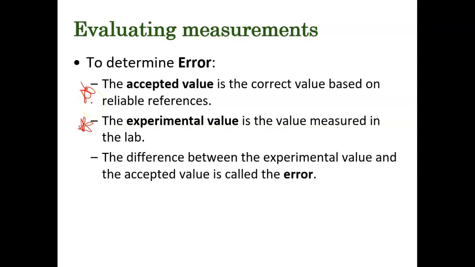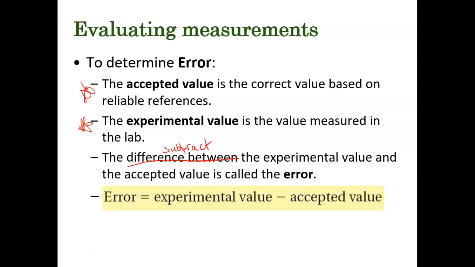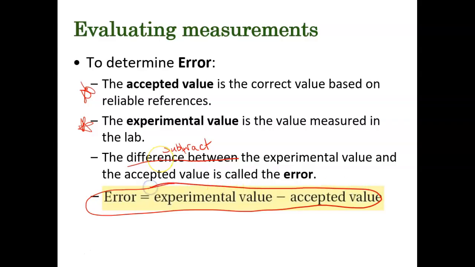The difference between them, and if you don't know, the word difference means to subtract. The difference between the experimental value and the acceptable value is called the error. I want you to definitely write this formula down: error equals experimental value minus acceptable value.